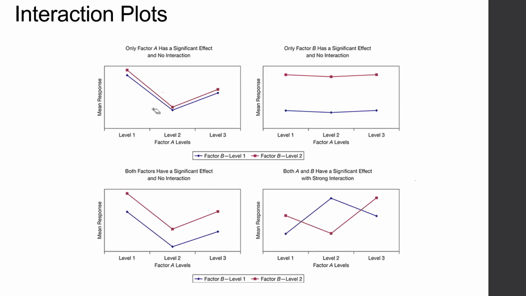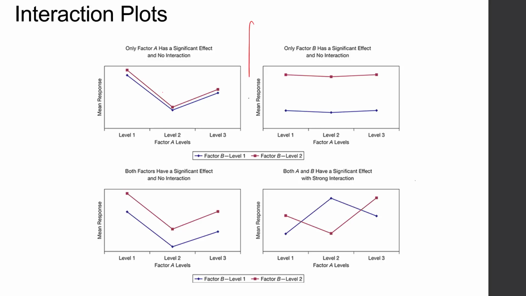So it looks like factor B is probably not significant. And it doesn't look like the mean of one variable depends on the level of the other variable because these lines are parallel. So it looks like there is not a significant interaction.